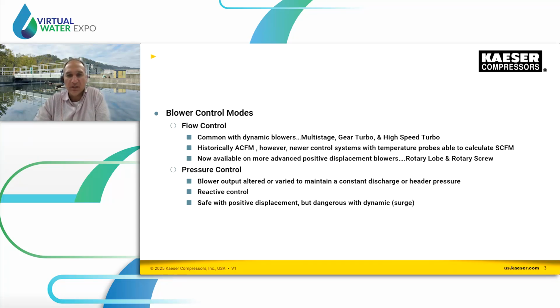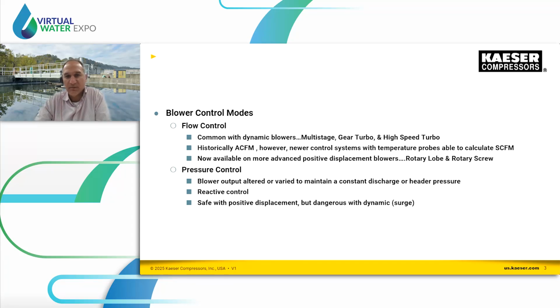But in this day and age where we have more and more sensors being put on equipment, these controllers now have the ability to calculate what the SCFM is. And of course, most of our wastewater plants are controlled by pounds of air or SCFM. So with the temperature probes, the controllers are now able to alter the machine based upon SCFM.